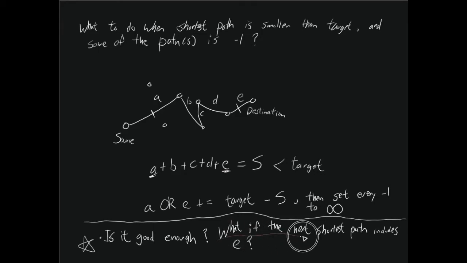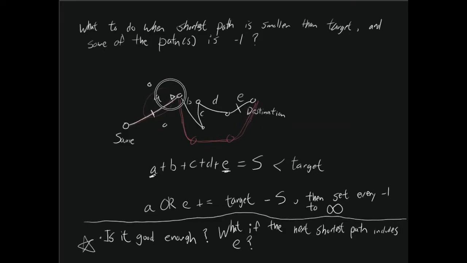What if the next shortest path includes E or A? While we increase E, we try to make every -1 path outside to be infinity, but we didn't change this A. It could be a scenario that there is here, and this here, and this particular path become the next smallest.